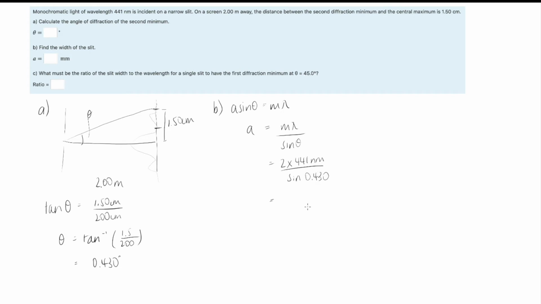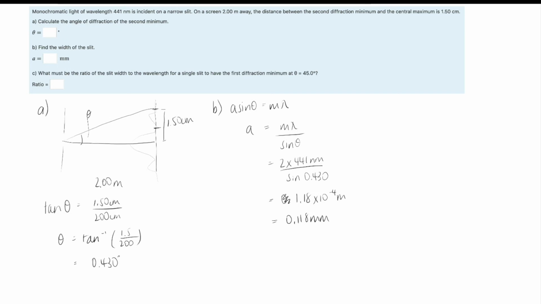And when we do that, we get 1.18 times 10 to the minus 4 meters, which is roughly 0.118 millimeters. So that's the answer to part B.